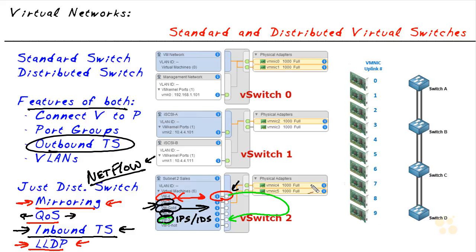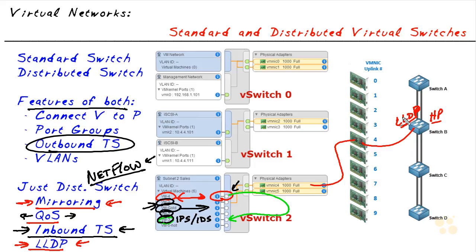So for example, if VMNIC4 was physically connected to switch B, and let's say switch B is a Hewlett-Packard switch, or a Juniper switch, or a Brocade switch, etc. If that switch is running LLDP, the ESXi host, because it can understand LLDP, if we're using a distributed switch, can learn about that HP device because of the periodic LLDP, Link Layer Discovery Protocol messages that are being sent from switch B.